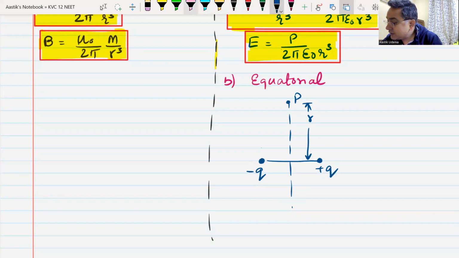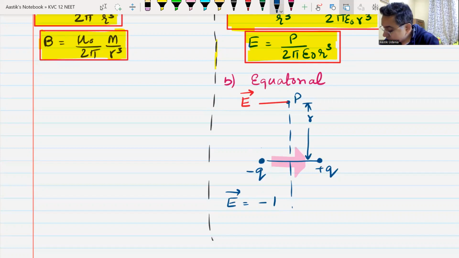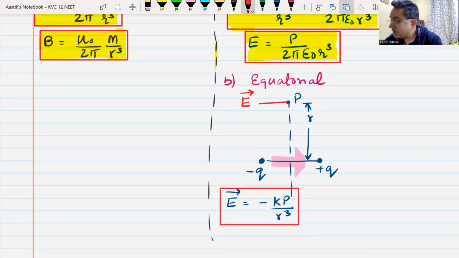Now you can see the dipole moment is like this, but here the electric field will be going in the reverse direction. If I want to write the electric field for this one, I will write in vector form minus Kp by R cube. Minus sign indicates that it is going in the reverse direction.